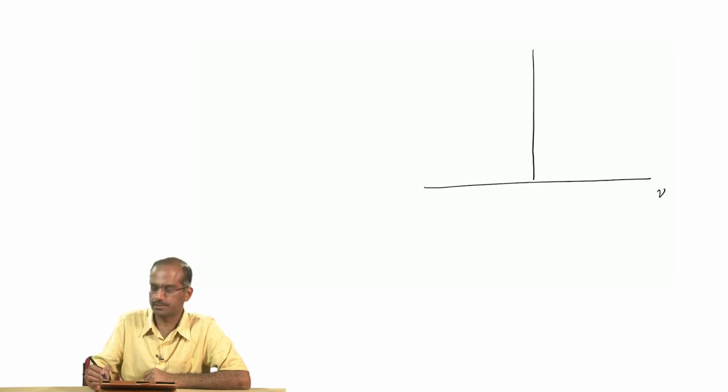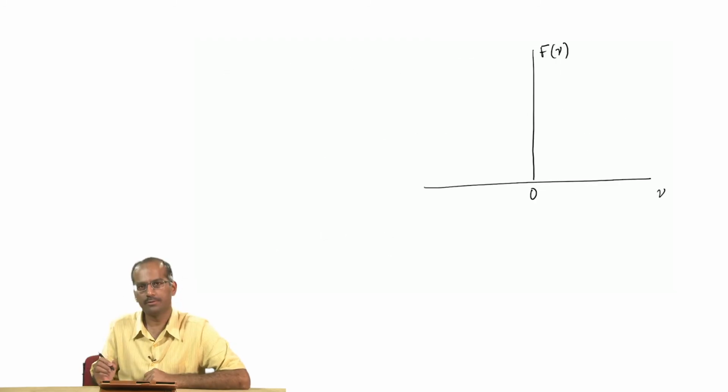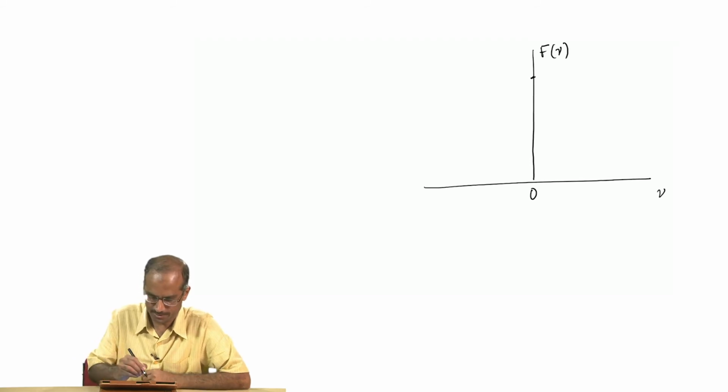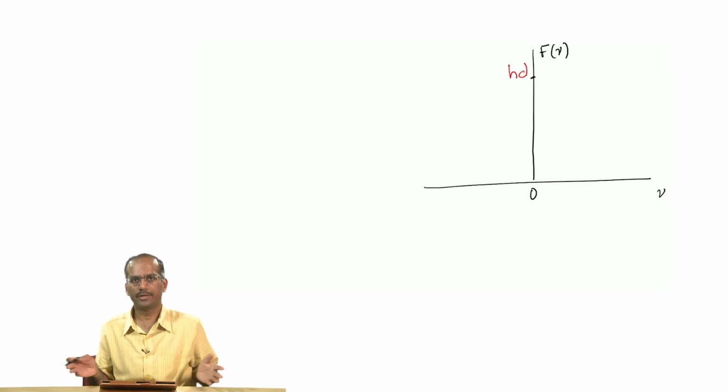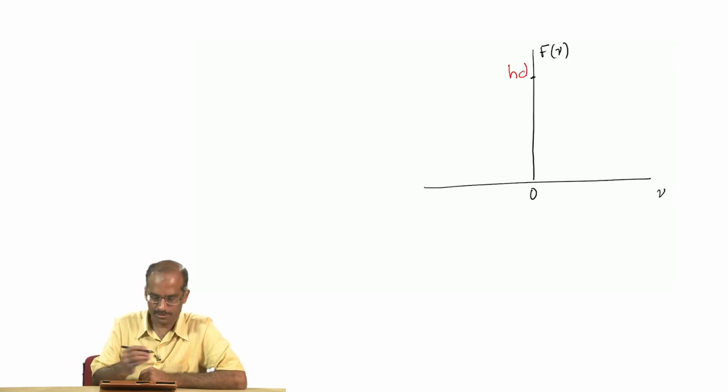So, the x axis is nu and the y axis is of course capital F of nu, and as nu tends to 0, alpha tends to 0, which means that sin alpha by alpha is 1. At nu equal to 0, the value is h d here, and it is going to decrease on either side of 0. And since we have already seen this kind of a relation, let me directly plot the function.